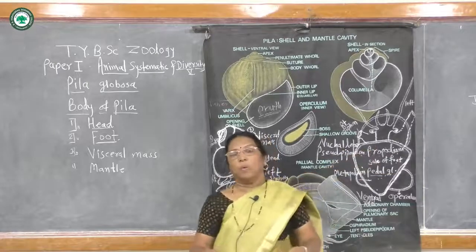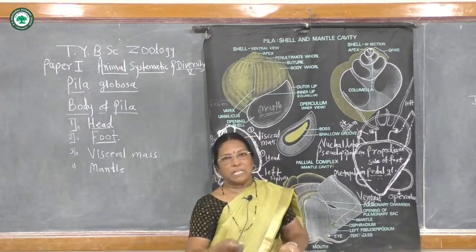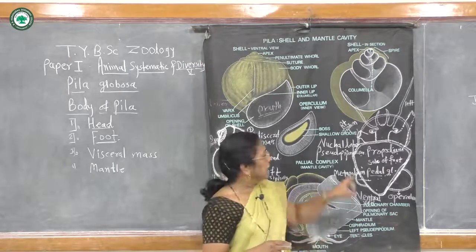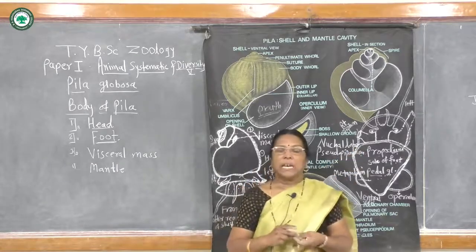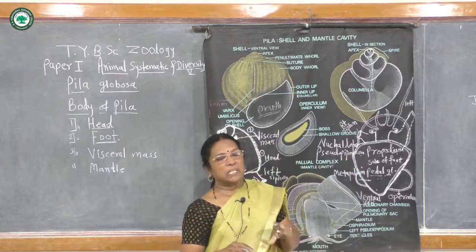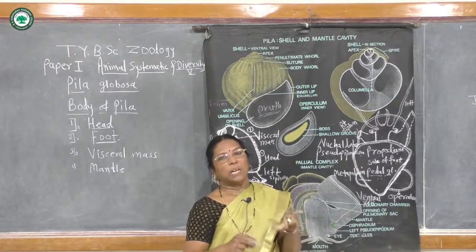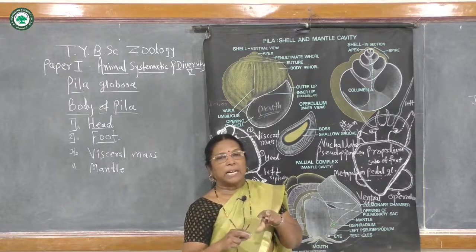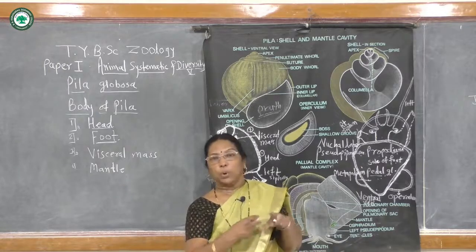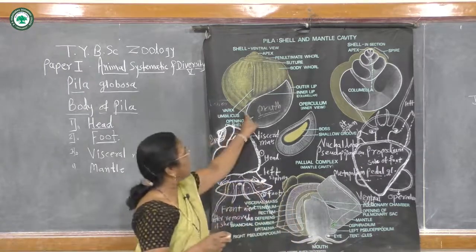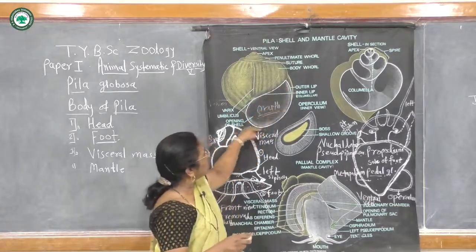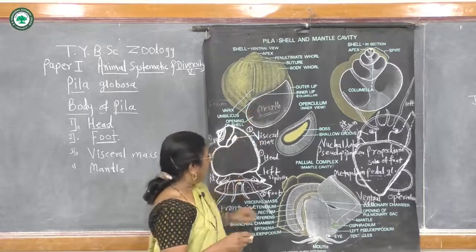These columellar muscles, also called the head-foot retractor muscles, can contract and relax. At that time the animal can protrude from the shell aperture. The animal can protrude from the shell aperture only.